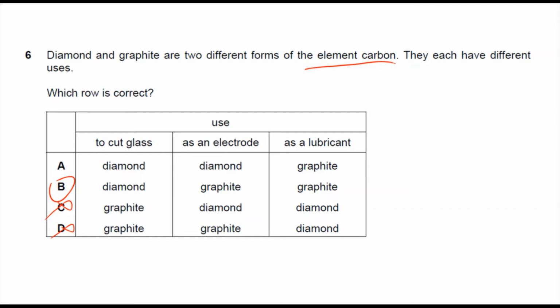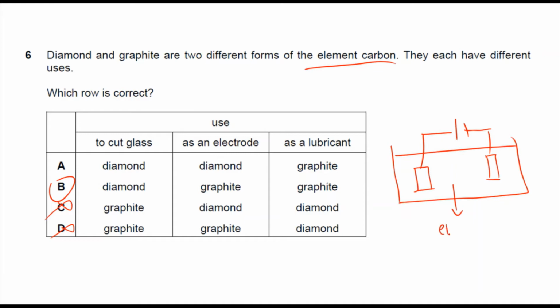Why is graphite used as an electrode? Tell me, what is the job of an electrode? When you study electrolysis, you have this battery and you connect these electrodes to it and then you put it in some kind of an electrolyte, right? What do we do through electrolysis? We use electricity to cause, remember this, some sort of reaction that does not happen on its own.